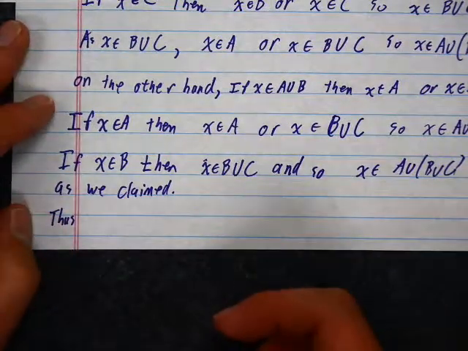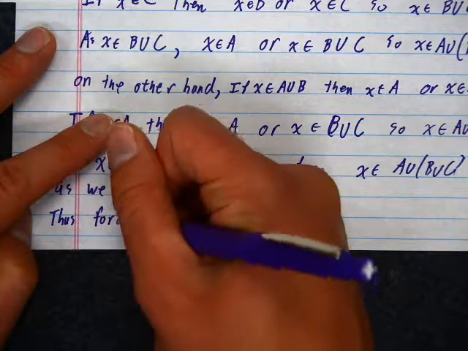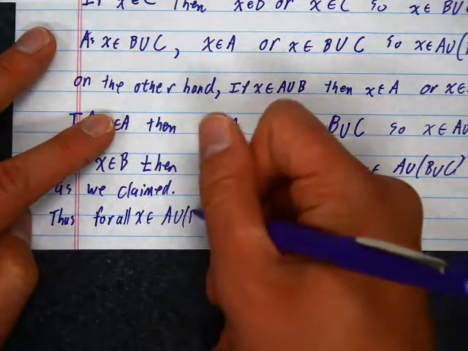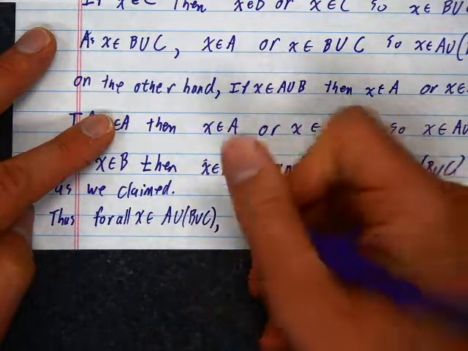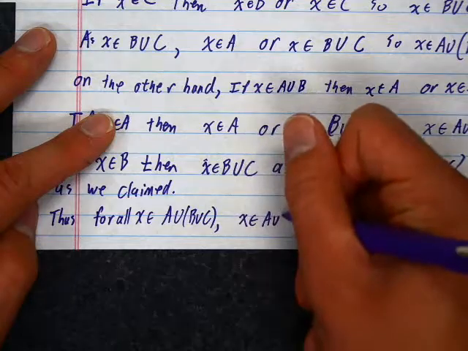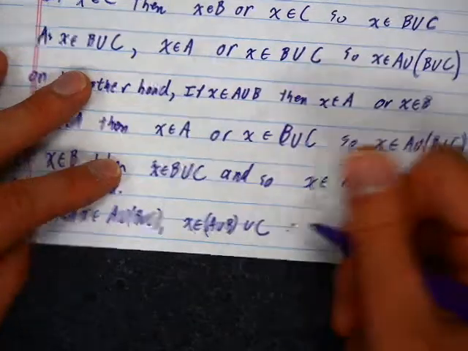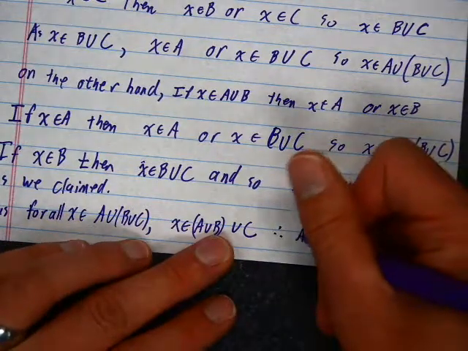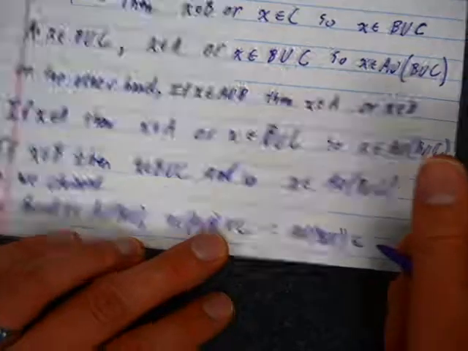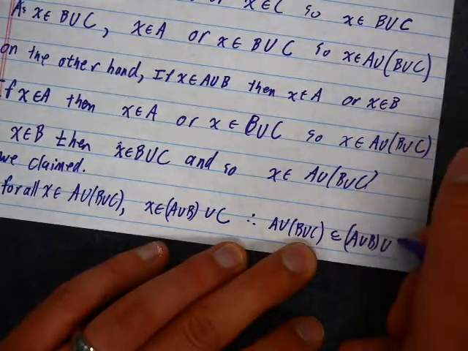We completely exhausted all of the possible cases. For all x in A union B union C, it follows that x is in A union B union C. Therefore, A union B union C is contained in A union B union C.